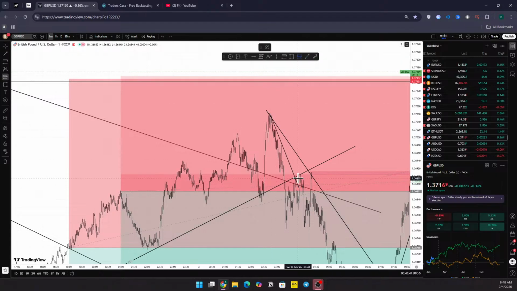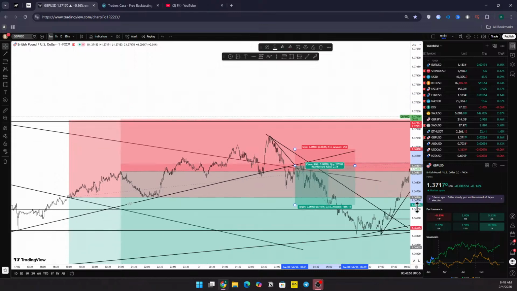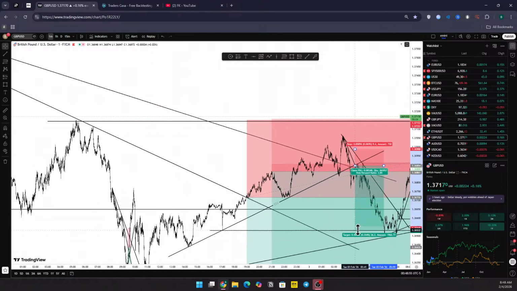The short trade would have looked like this on the retest, putting our stop loss there and trying to hunt for that specific liquidity, and we would have got ourselves 1 to 4.